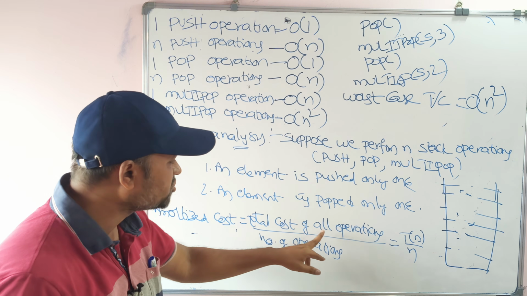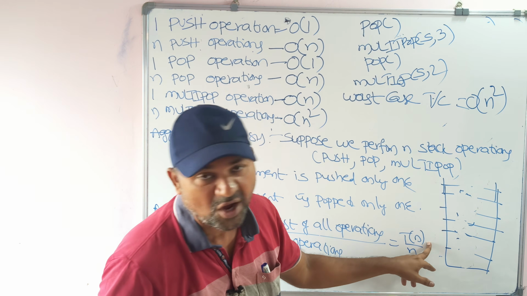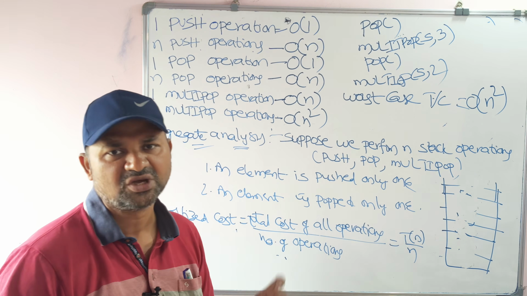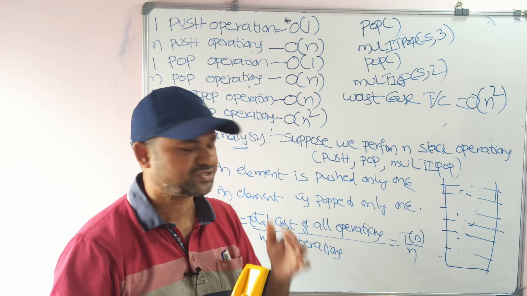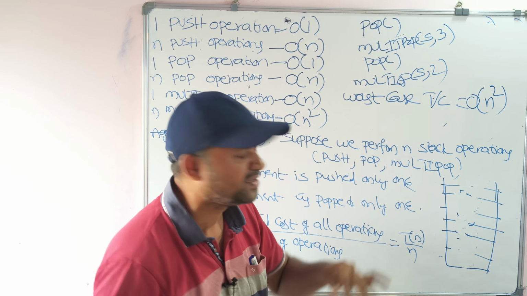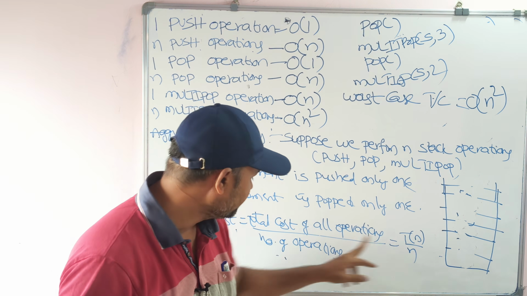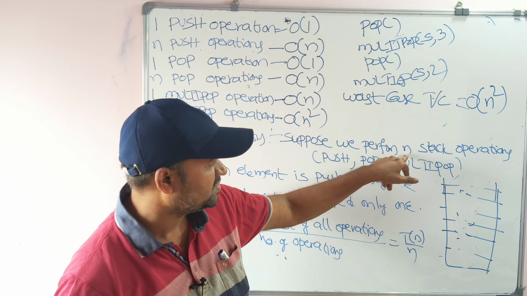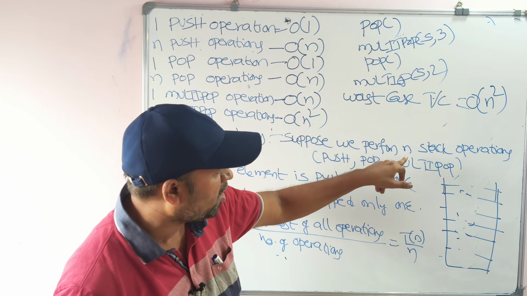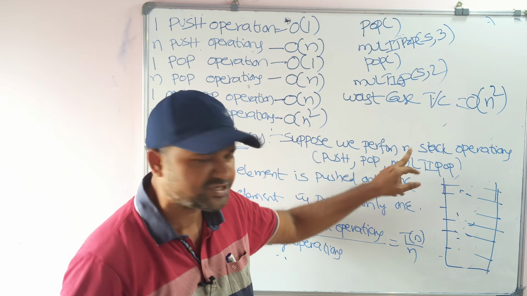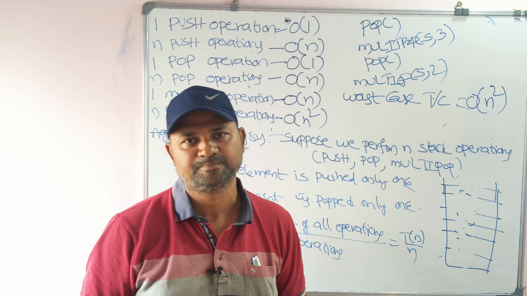For the total cost of all the operations, we use T of n. T of n denotes the total cost of all the operations. Here we are performing n operations with the help of these 3 functions, so T of n by n.